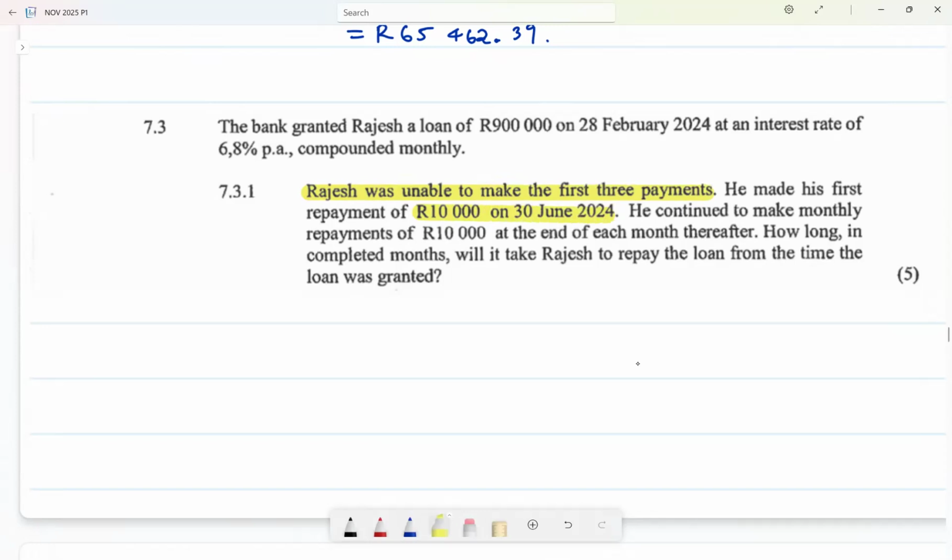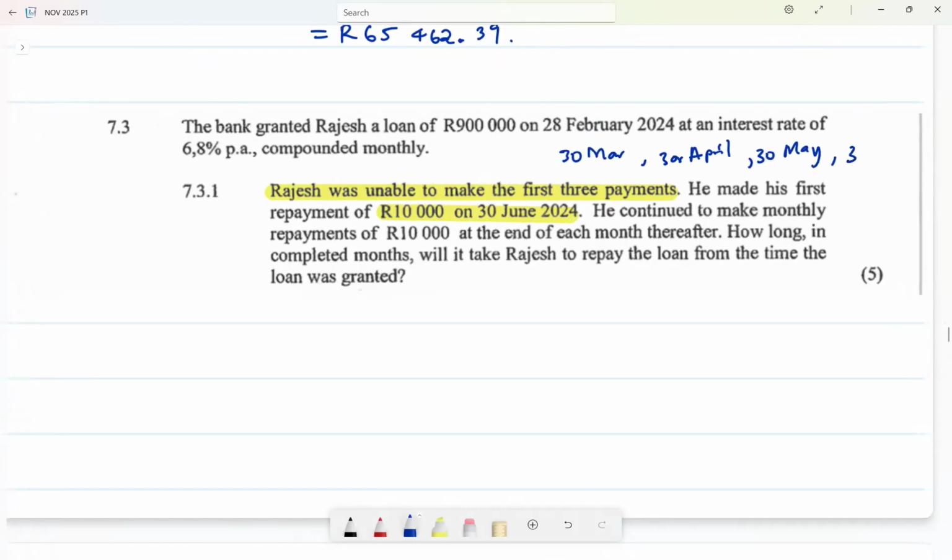So remember, when you took a loan in February, you were supposed to start paying on, let's say, the 30th of March, and then continue on 30 April and 30 May. But now he started paying on the 30th of June. So as they say, he skipped 3 months.